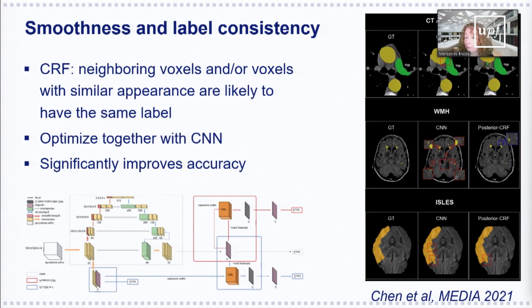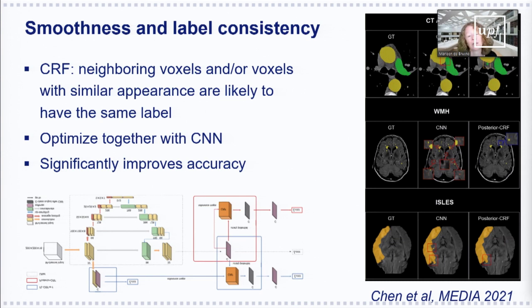Our baseline network is a UNet. It has a large receptive field, so in principle it could learn this same long-range information, but in the CRF it is more explicit, and that seems to help. We see that the CRF improves segmentation in all three applications that we have looked at. So here you see on the right the three applications that we tested.